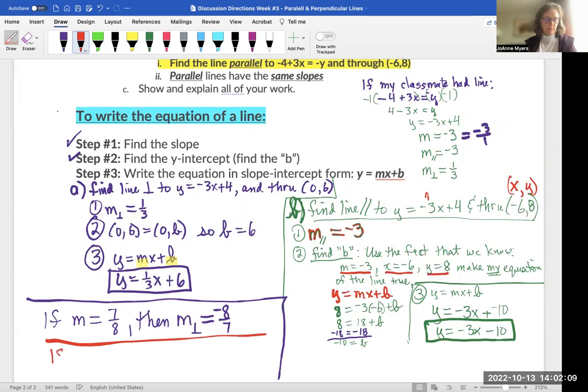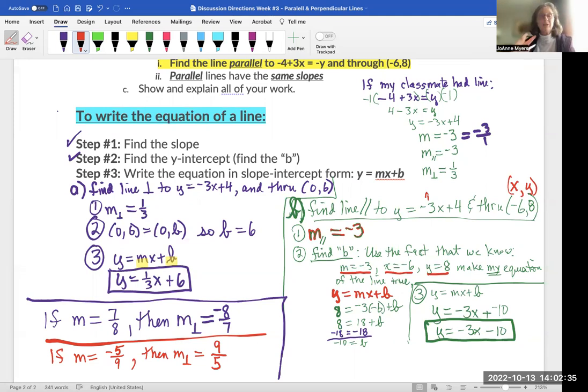Different example. If my slope is negative 5/9, then the slope perpendicular will be the negative reciprocal. The negative of a negative is positive. So basically you just flip the fraction and change the sign from positive to negative or negative to positive.